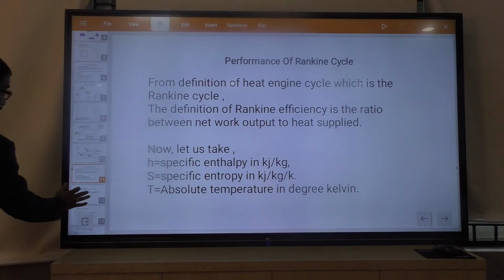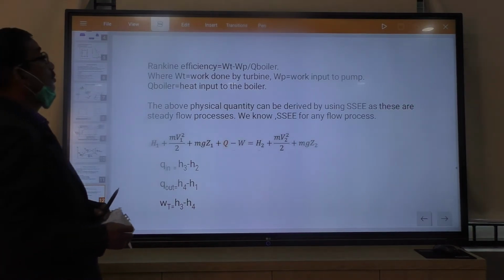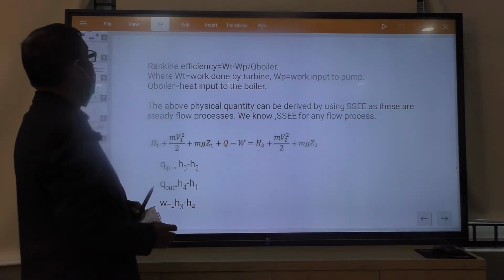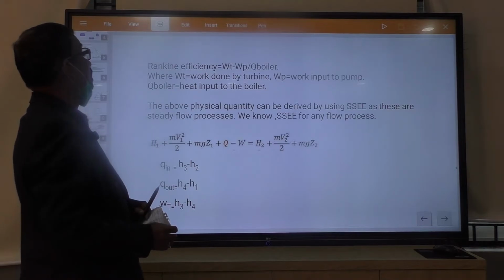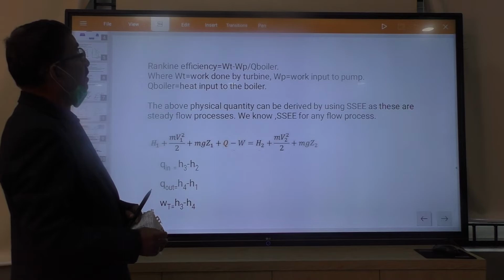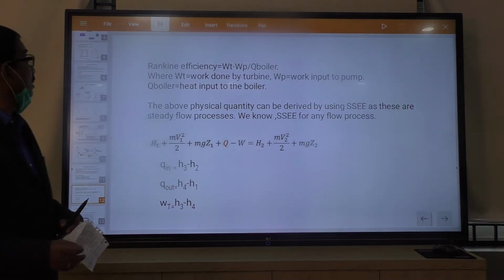Next, Rankine efficiency, this is the formula: Wt minus Wp divided by heat input in boiler. I already told, Wt is the work done by turbine, Wp is the work input to pump or work supplied to pump, and Q boiler is heat input to the boiler.